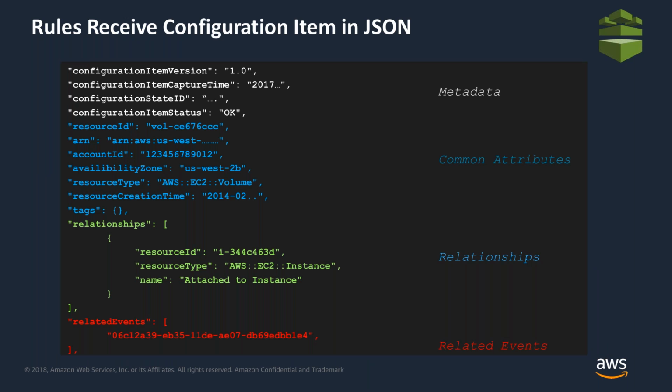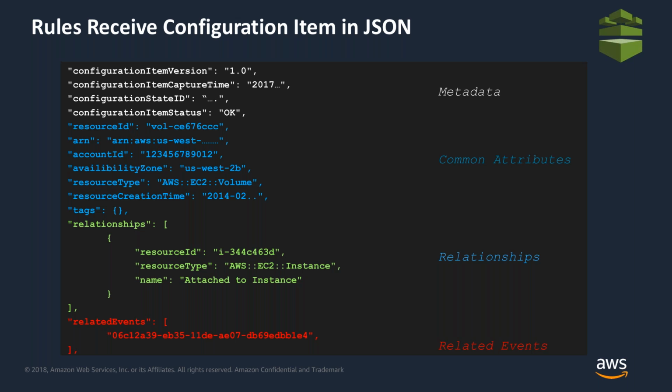We'll look a bit more into the components of a configuration item, which, if you remember, is a point-in-time view of the various attributes of a supported AWS resource that exist in your account. The 5 components of a configuration item include metadata, which is information about this configuration item, such as the time when the resource item was captured. Secondly, the attributes of the resource, such as resource IDs and tags.